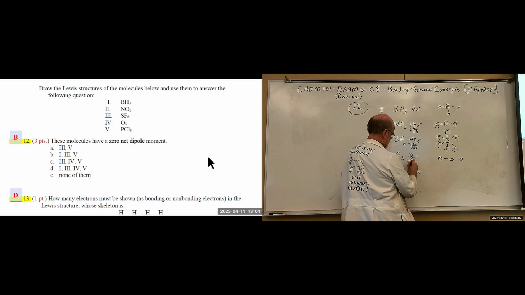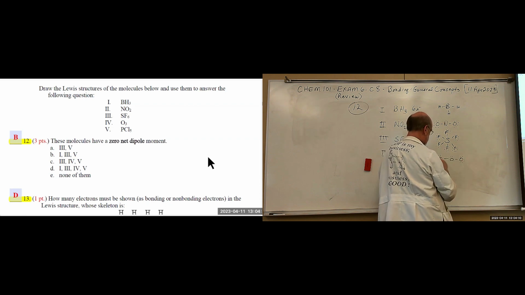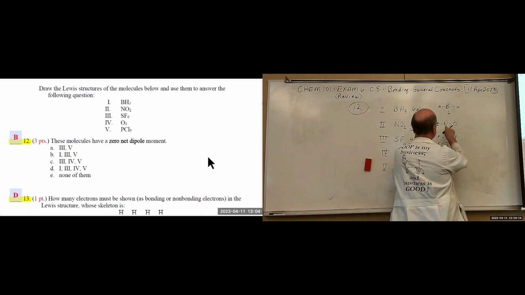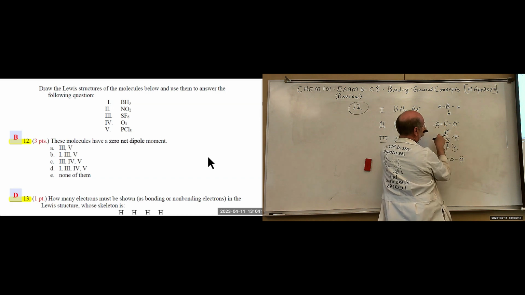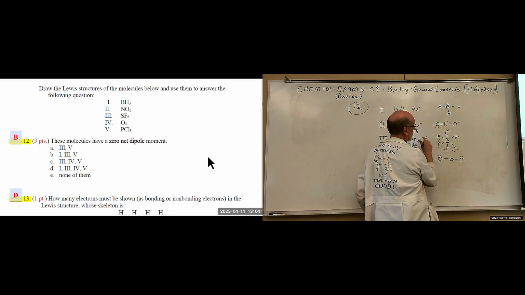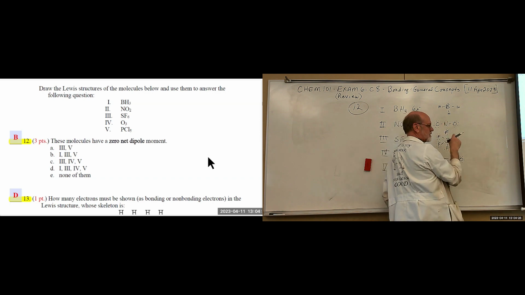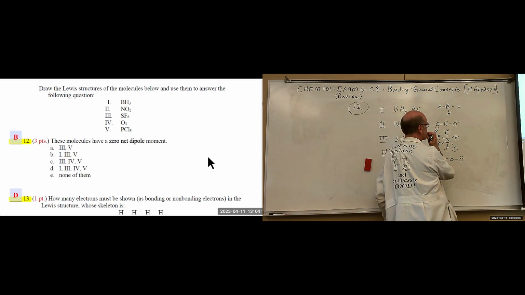Ozone. We have O, O, and O, so that's 2, 4. It's 14. 2, 4, 6, 8, 10, 12, 14. Let's see. I didn't make double bonds here or anything, so this one doesn't have an octet yet, and it's probably not going to have. But we could. It needs 3 more electrons to make an octet.